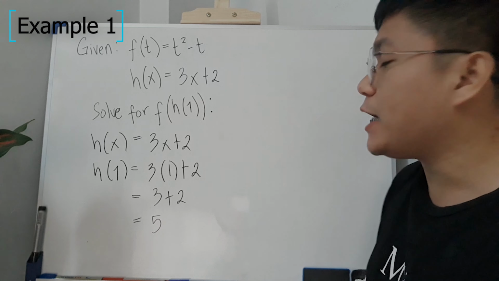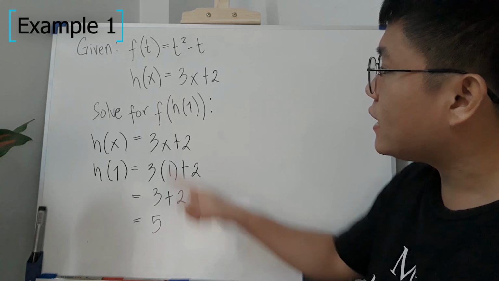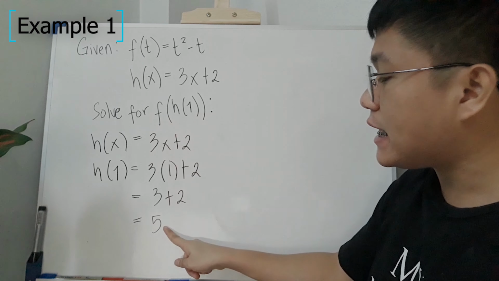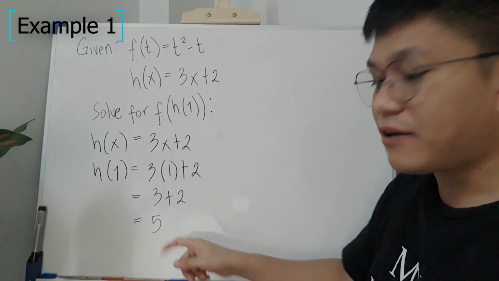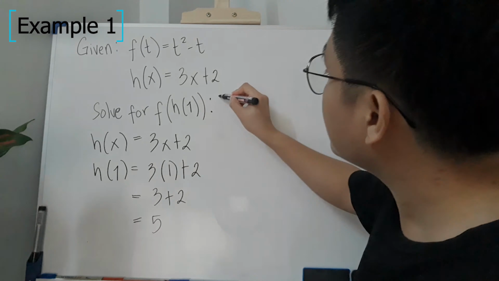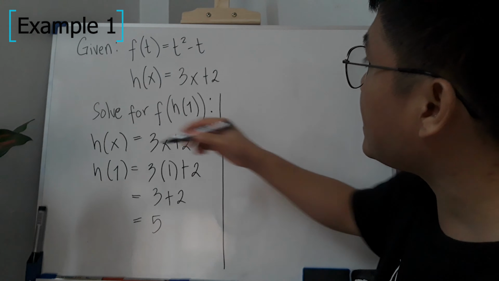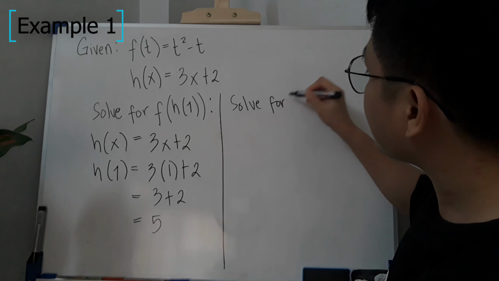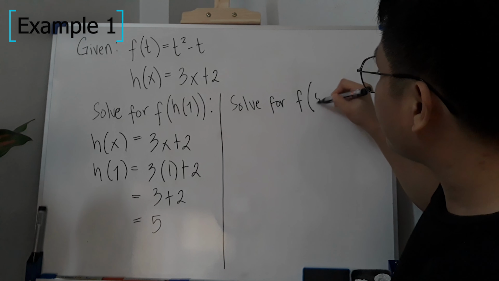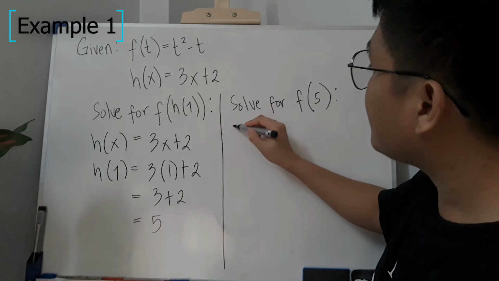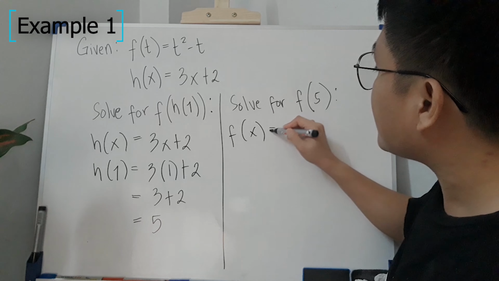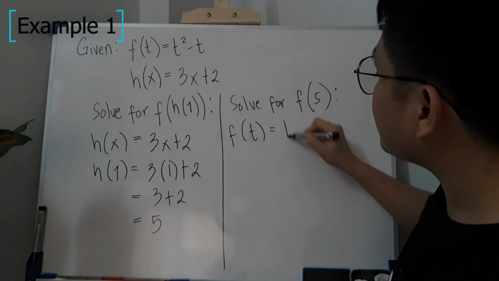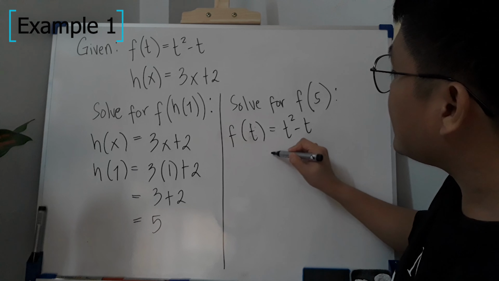Now, what's next here? We can now solve for the function f, considering that our input is 5. So let us copy function f. Solve for f of 5. Okay, so we have here f of t is equal to t squared minus t.